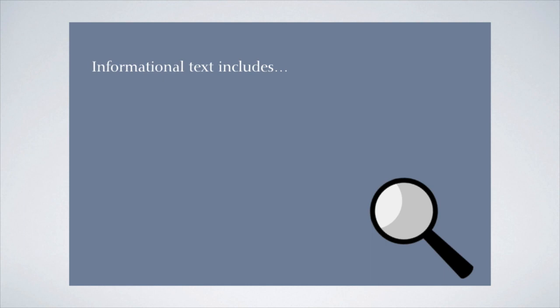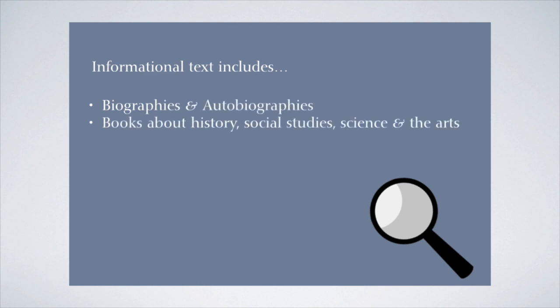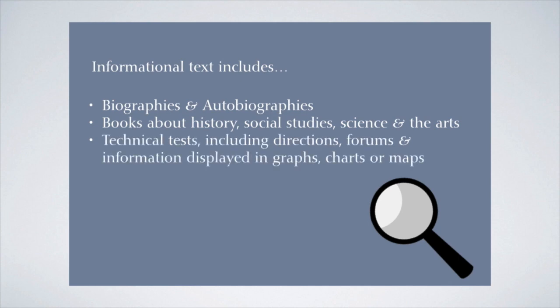These Common Core Standards and assessments define informational texts as including biographies and autobiographies, books about history, social studies, science, and the arts, technical texts including directions, forms, and information displayed in graphs, charts, or maps, and digital sources on a range of subjects.